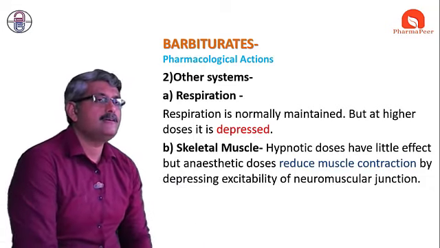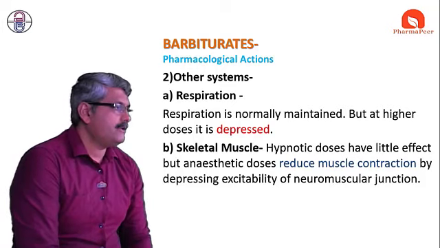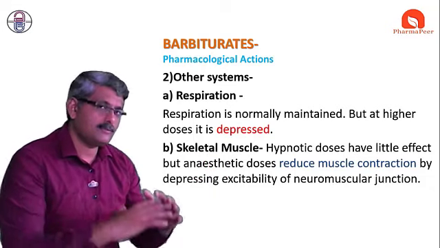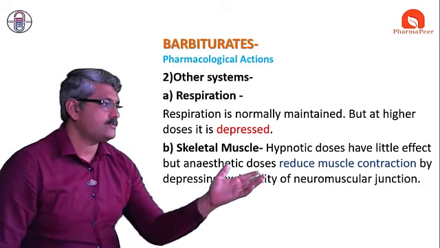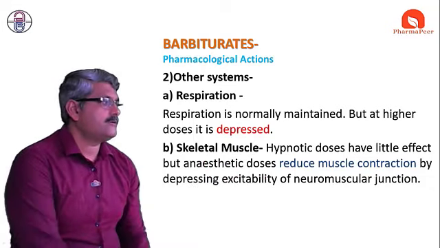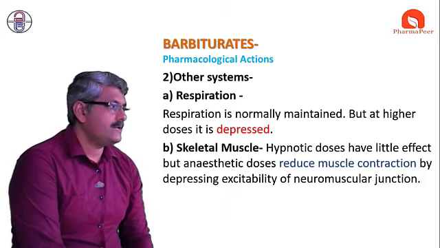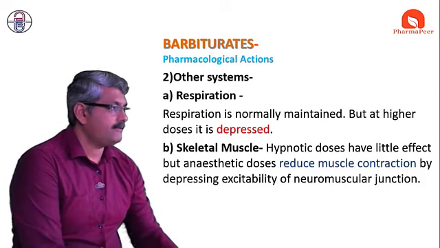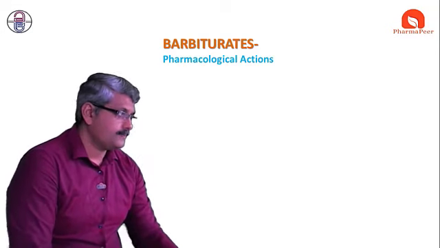We have already seen in general anesthesia, whenever there is surgical anesthesia, most of the muscles should get relaxed. So muscle contraction is reduced, as well as the excitability of the muscle, at an anesthetic dose.